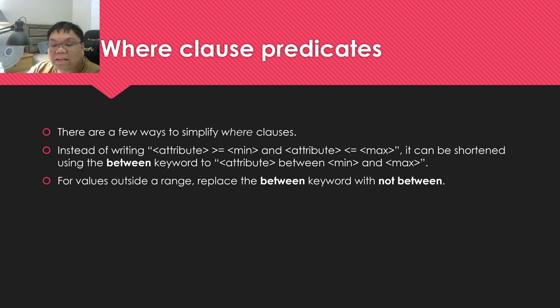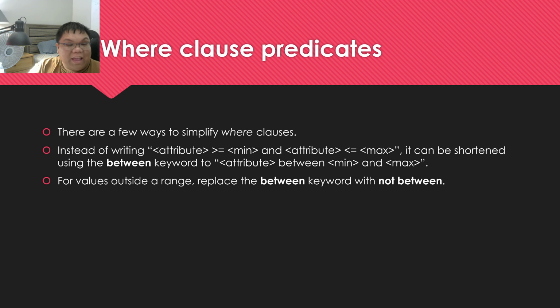There are also a few ways we can simplify where clauses. If you want to specify something in a range, you would write something such as: attribute is greater than or equal to min, and attribute is less than or equal to max.